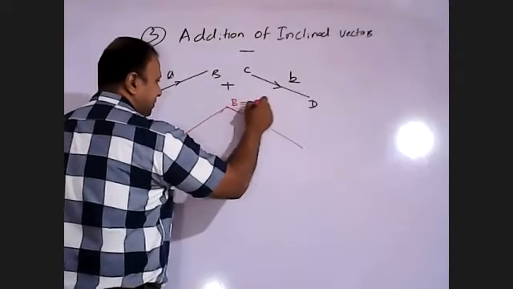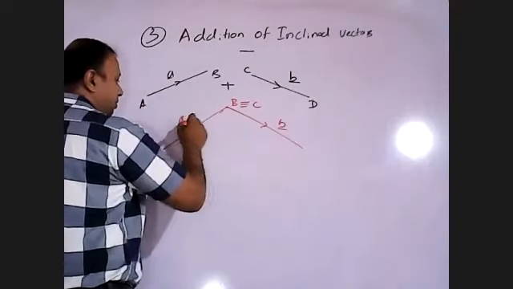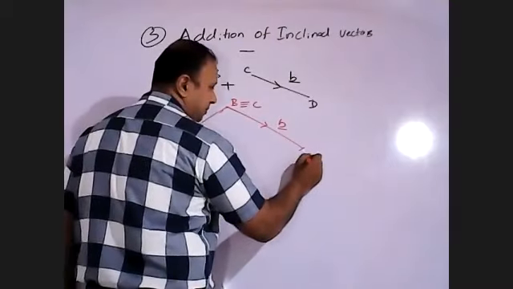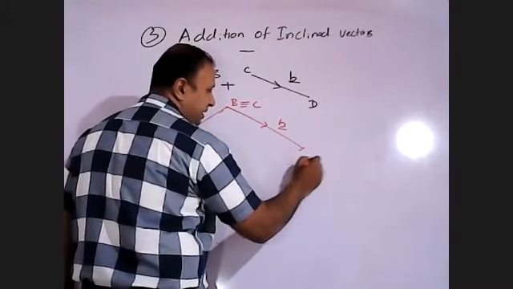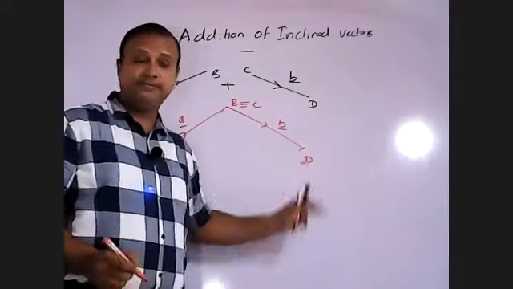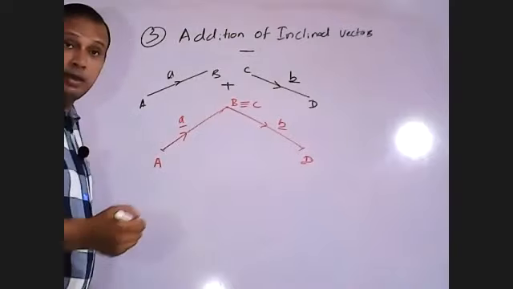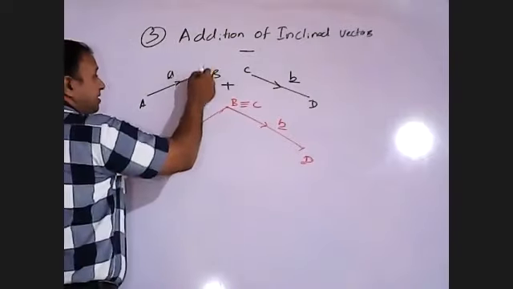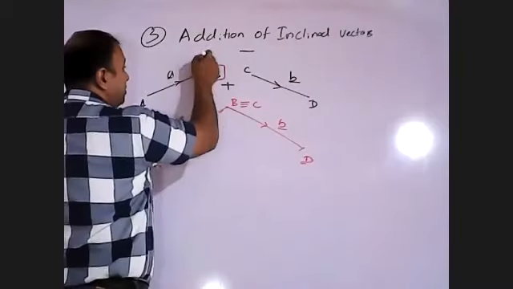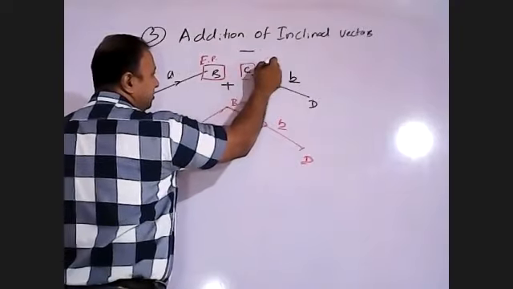Then there will be two free ends: one is a starting point, the other one is an end point. This is the end point, and this is the starting point.